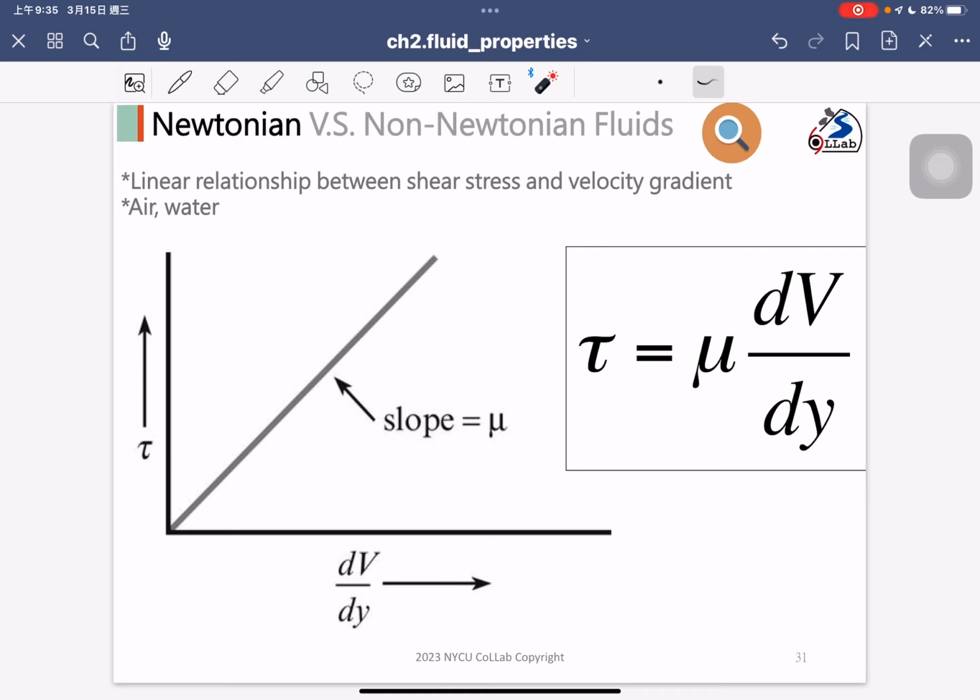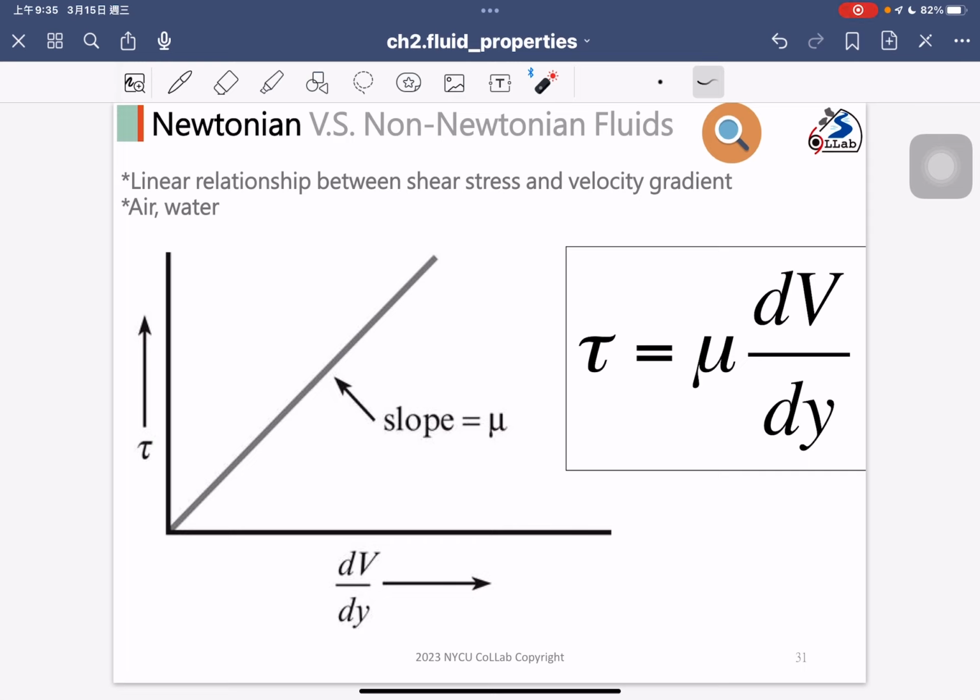Okay, there is no intercept. So in future, if you do some test and then you make the plot for any fluid, and you can see the linear relationship between the velocity gradient and the shear stress, we can directly call that fluid a Newtonian fluid.